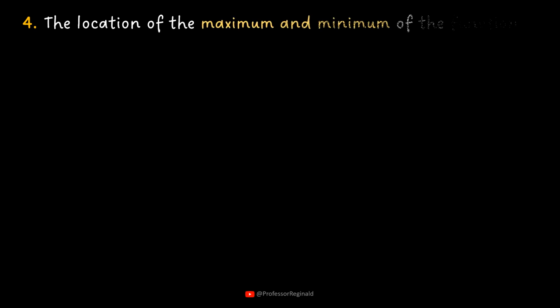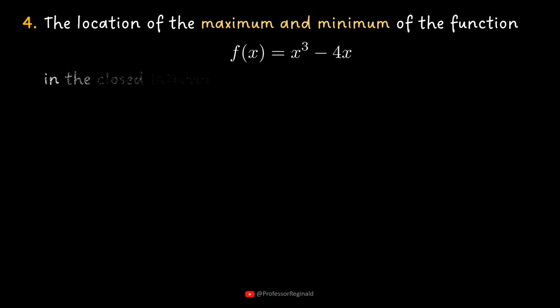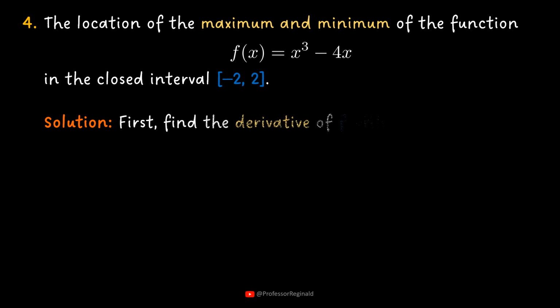Number 4. The location of the maximum and minimum points of the function f of x equals x cubed minus 4x, located in the closed interval negative 2, 2. Solution. First, find the derivative of f with respect to x.